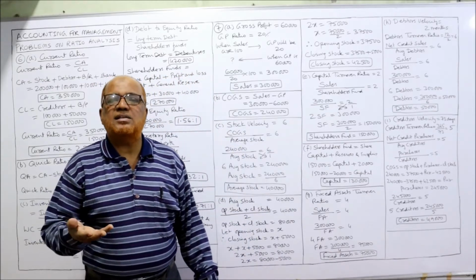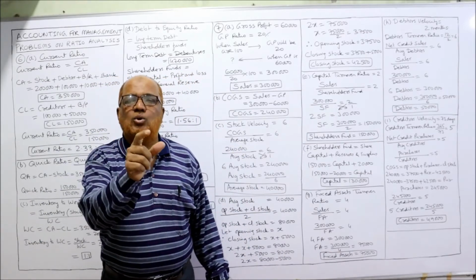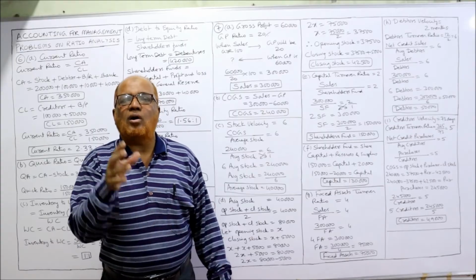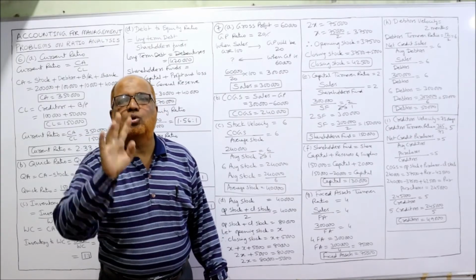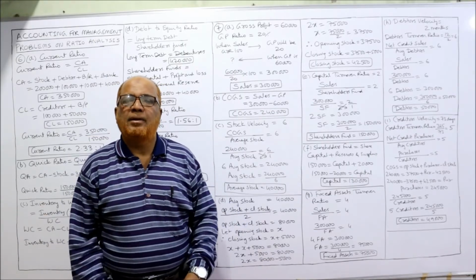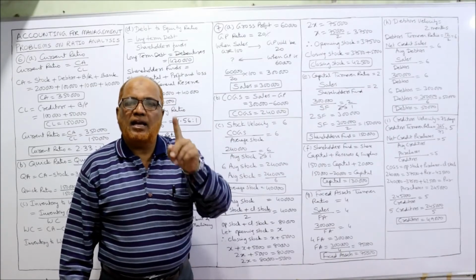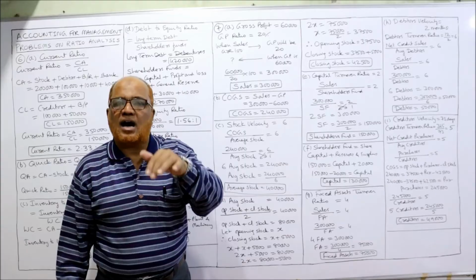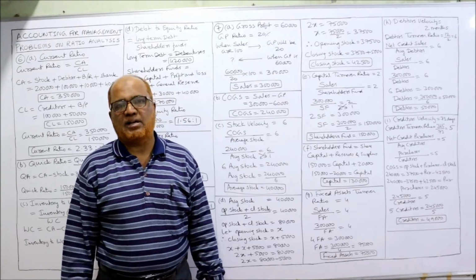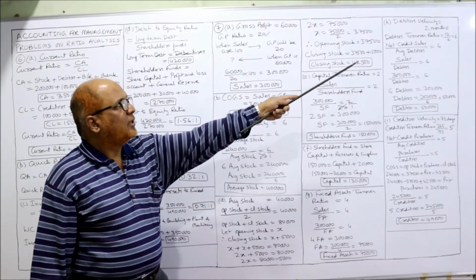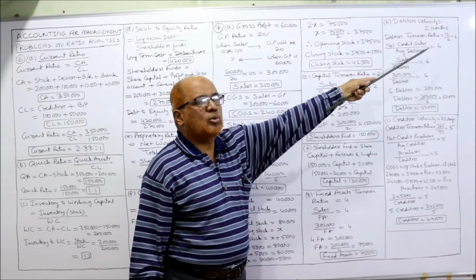So simply we can say debtors turnover ratio is 6 times, or debt collection period is 2 months. Both mean the same. Every 2 months we are collecting the money from customers, and in 1 year 6 times we are collecting the money from customers. That is the meaning. So debtors turnover ratio, 12 by 2, 6.